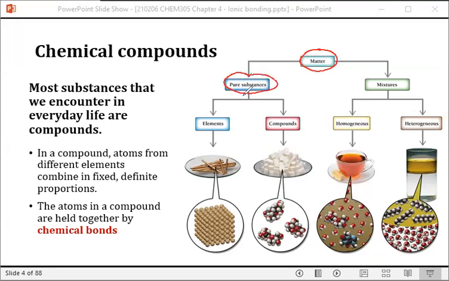And if we're working with a pure substance, it can be an element, which is a substance just composed of one type of atom, like for example, pure copper, or it can be a compound. And in a compound, different elements combine in fixed definite proportions. And these atoms in a compound are held together by what we call chemical bonds.